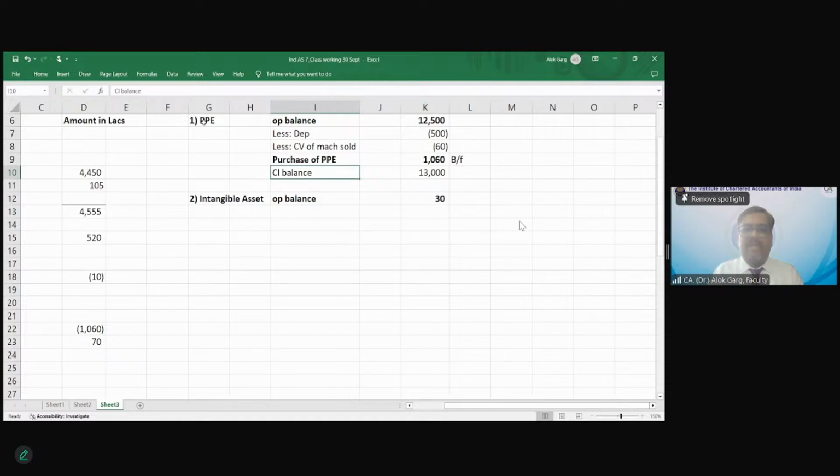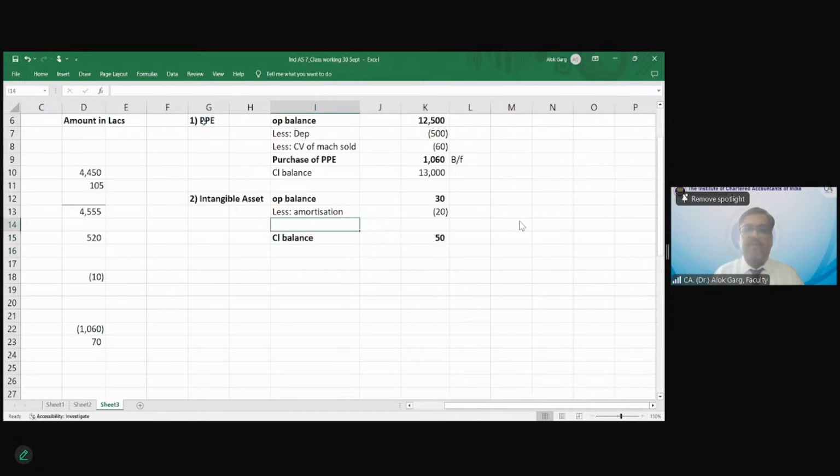What is my closing balance? 50. What is the amortization which I have charged? 20 lakhs. Less amortization. So this amortization would have reduced my opening balance, so my closing balance would have been 10 lakh, but it is 50 lakh. What does it mean? Purchase of 40 lakhs.